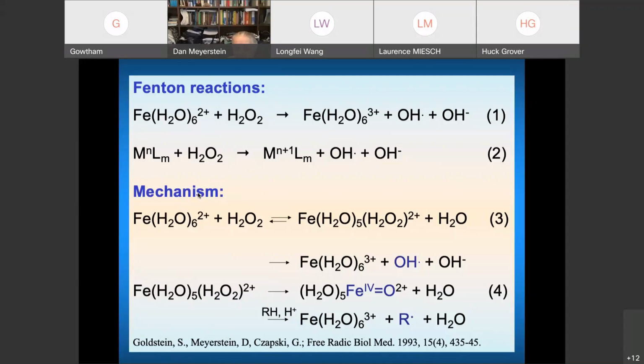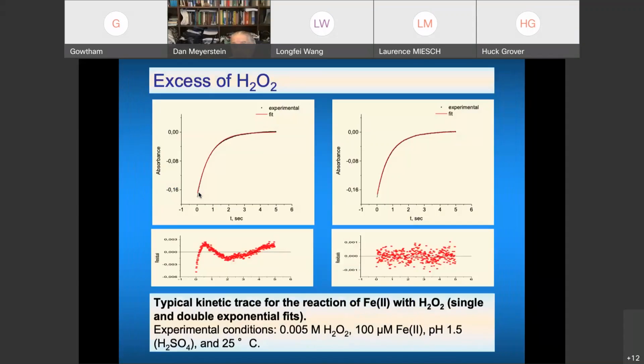The next slide. We measured the kinetics, and if you look at the left side, most of us would say this is a good fit, but if you look at the bottom at the deviation, you see the deviations are not statistical, there is a systematic deviation, and therefore we came to the conclusion we need a second reaction.